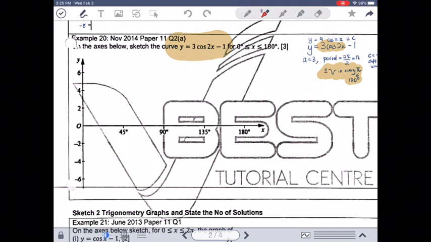The amplitude is 3, which means -3, 0, and 3.